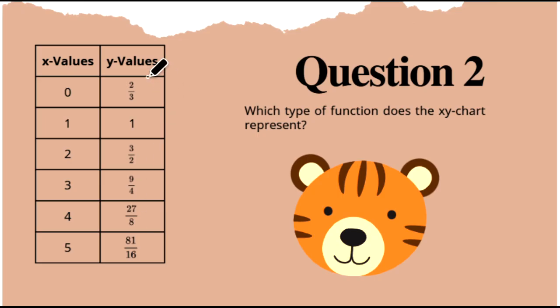So if I do the first differences, 1 minus 2/3 is going to give us 1/3. Okay. 3/2 minus 1. Oh my goodness. I don't even know if my lame little calculator does fractions. Let's go clear all. 3/2 minus 1 would give us 0.5. So that's 1/2 here.